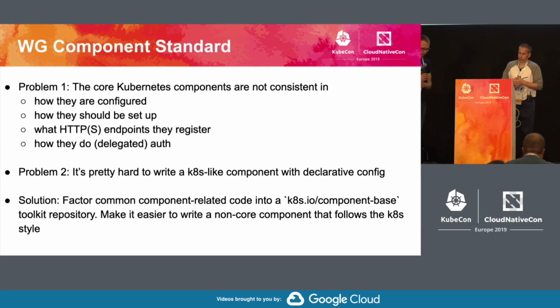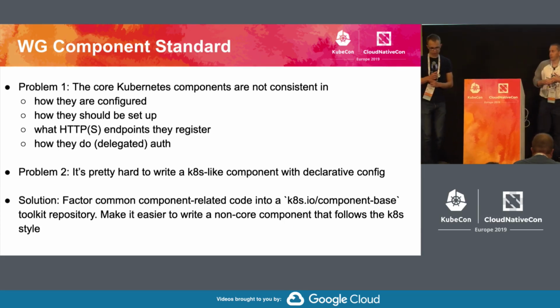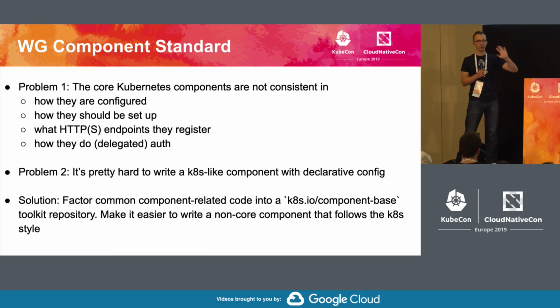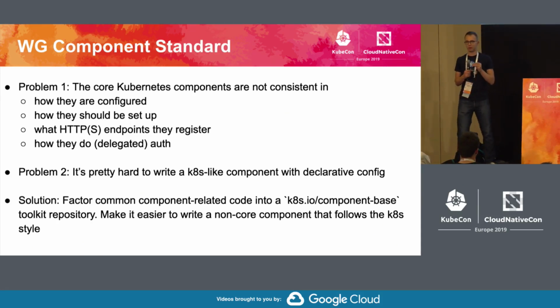Right. So this was about trying to figure out everything on a whole cluster level. But we have a problem on a much smaller scale, which is that each component has grown organically, of course, as time has passed.